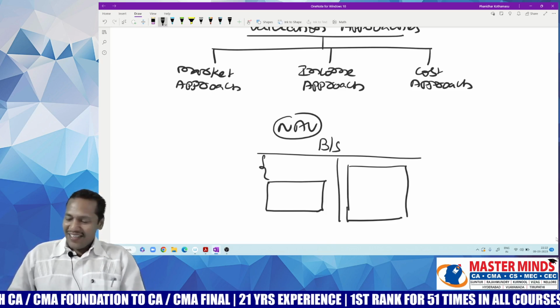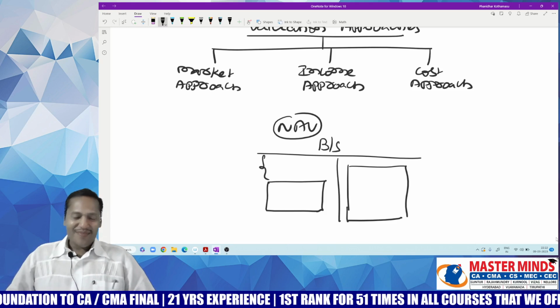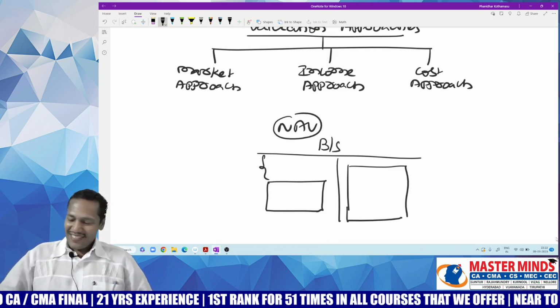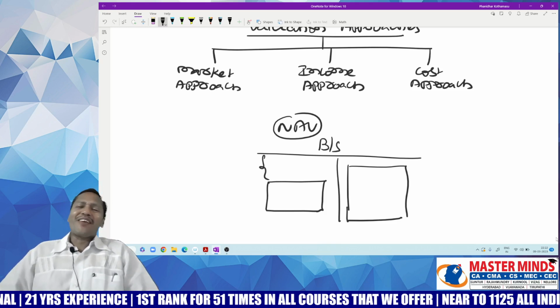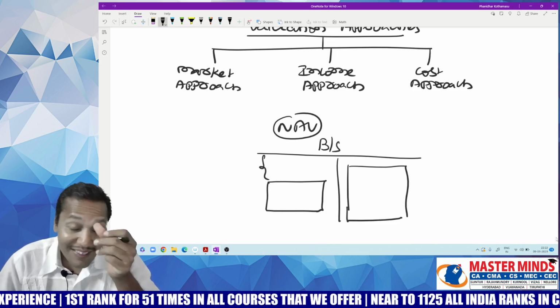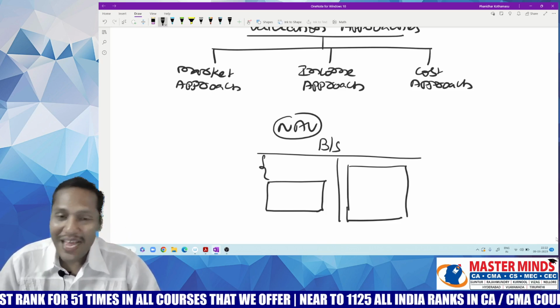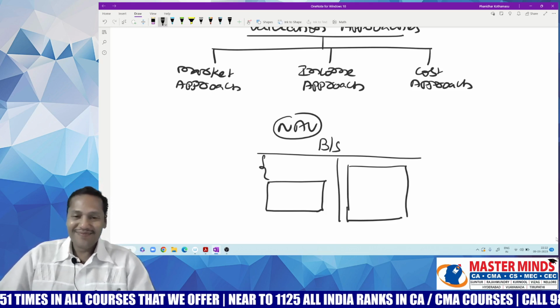And deriving the valuation of business based on different approaches, deriving the value of assets and liabilities. An organization may be having different types of assets and liabilities. So, deriving the value of assets and the value of liabilities, thereby deriving the fair value of the business.